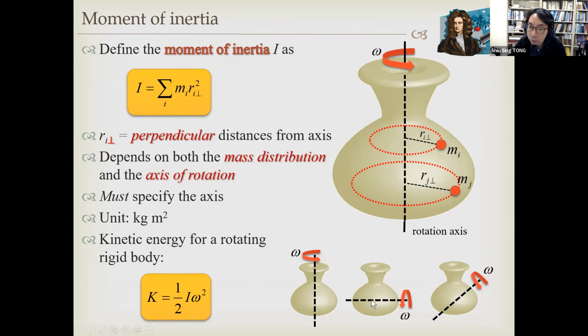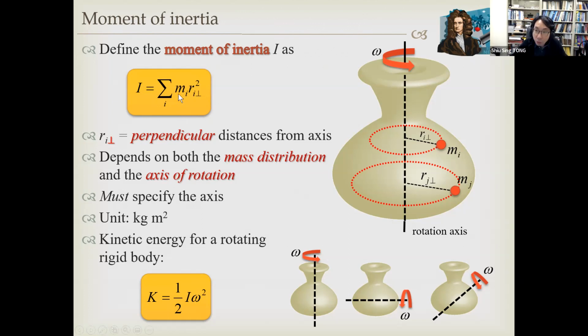Now you can see for these two axes of rotation, the Ri perpendicular will change because Ri perpendicular refers to the distance from the axis. Now the axis changes, so all the Ri perpendicular will change, and the moment of inertia will be different. So that's why I depends on the mass distribution and also the axis of rotation. You have to specify the axis of rotation in order for that quantity to be meaningful. So we must specify the axis that you are concerned with when you want to find the moment of inertia.